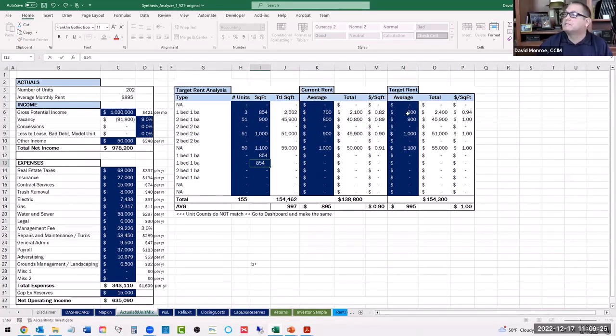See, the problem is this doesn't give us the current rent. It just gives us the market rent. So current rent, I'm going to go 200 below it for each of these. So let's say 983 for the first one and 1183 for this one.